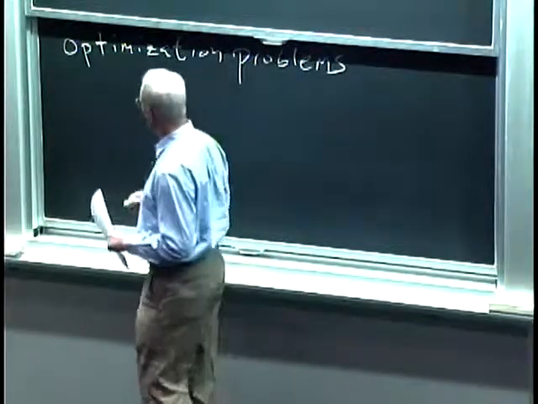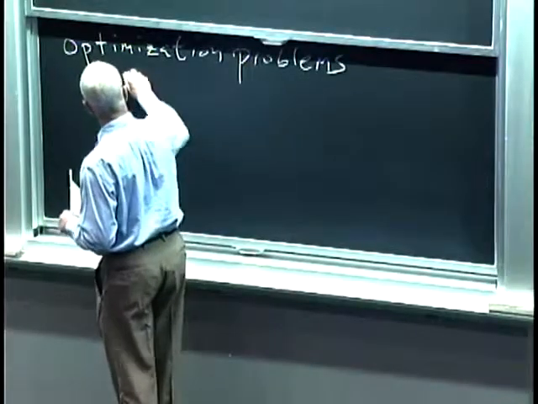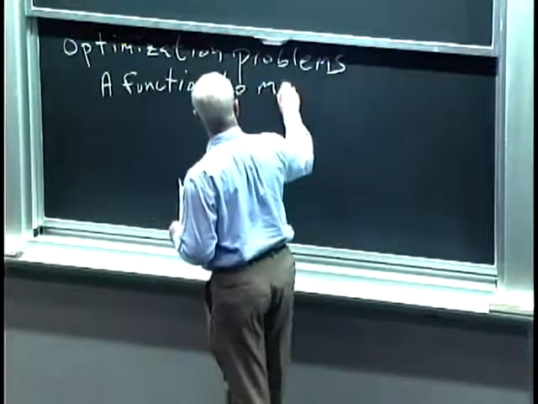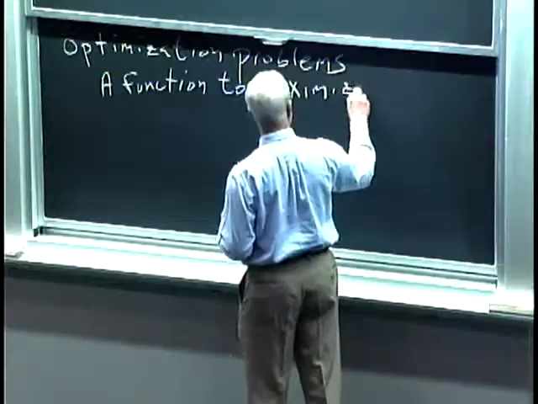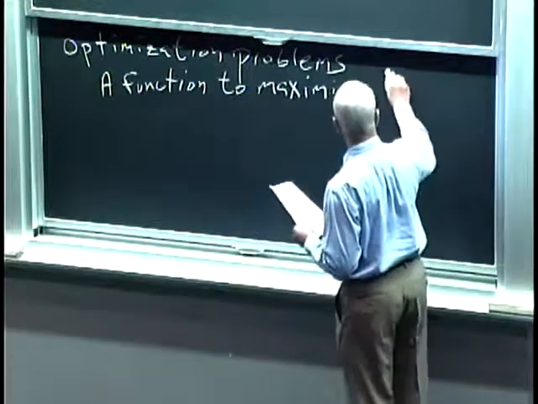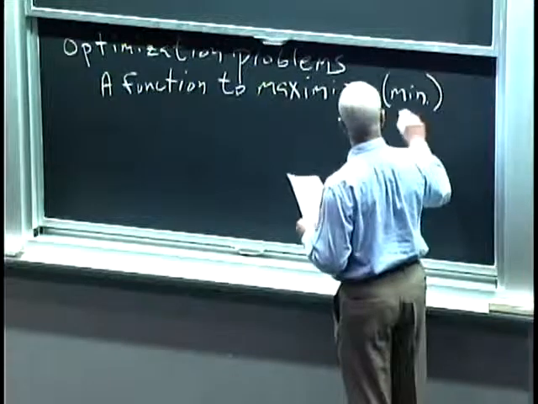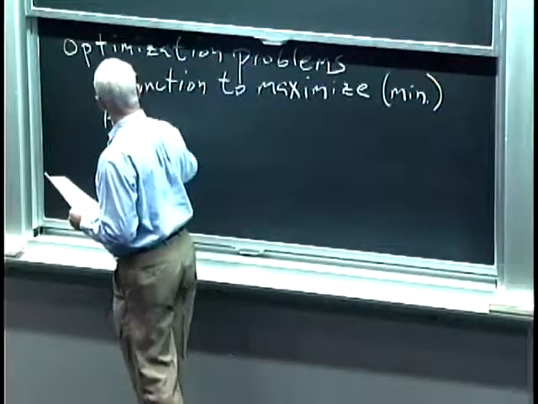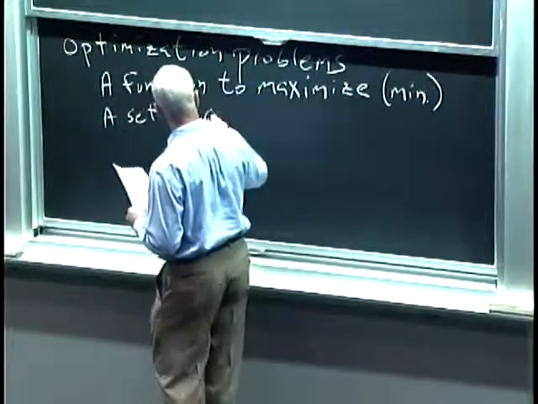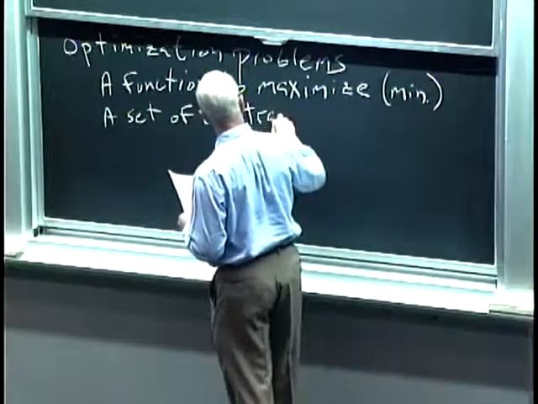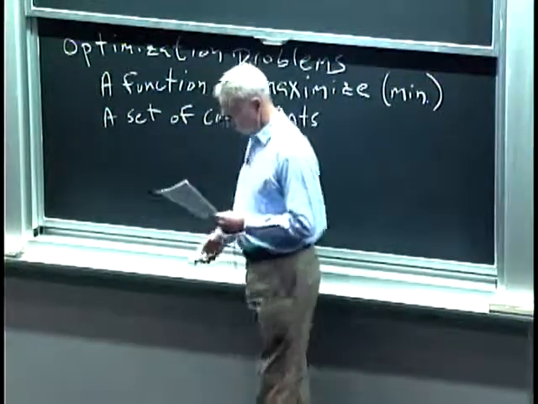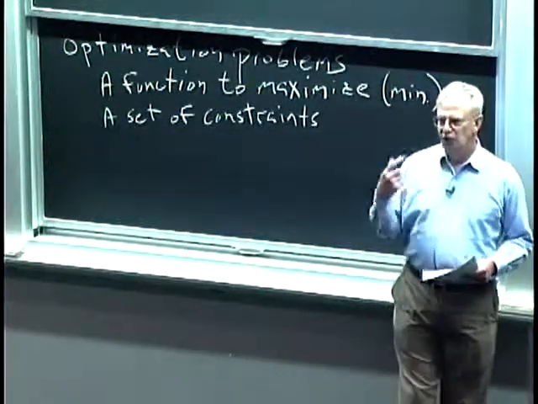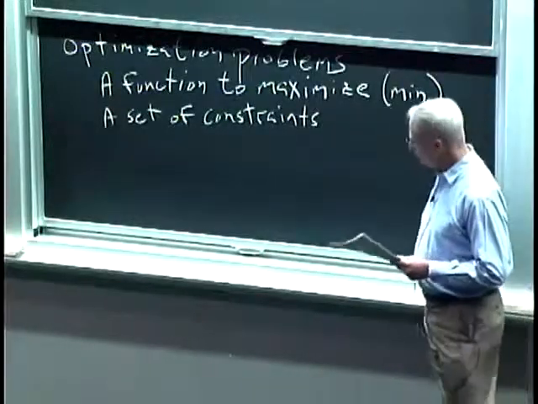It has two parts: some function that you're either attempting to maximize or minimize the value of, and these are duals, and some set of constraints that must be honored, possibly an empty set of constraints. So what are some of the classic optimization problems?